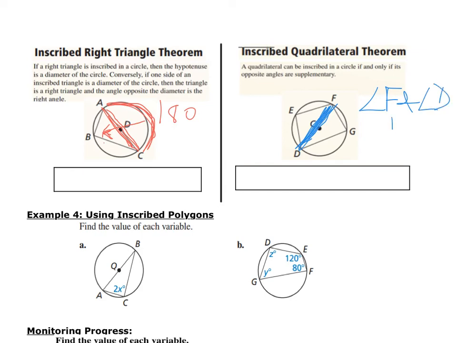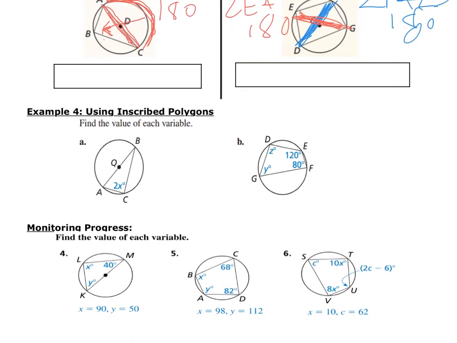What does supplementary mean? 180. Also, the other set of angles, angle E and angle G, are opposite as well, so they are supplementary, or add up to 180.